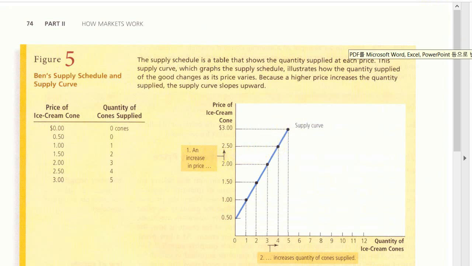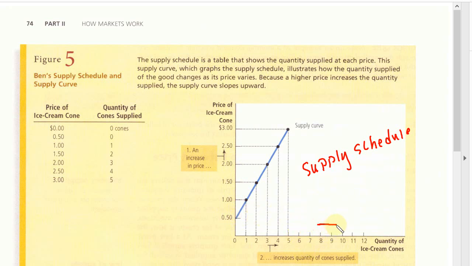As we go to the right, the quantity increases. If we go up, the price increases.